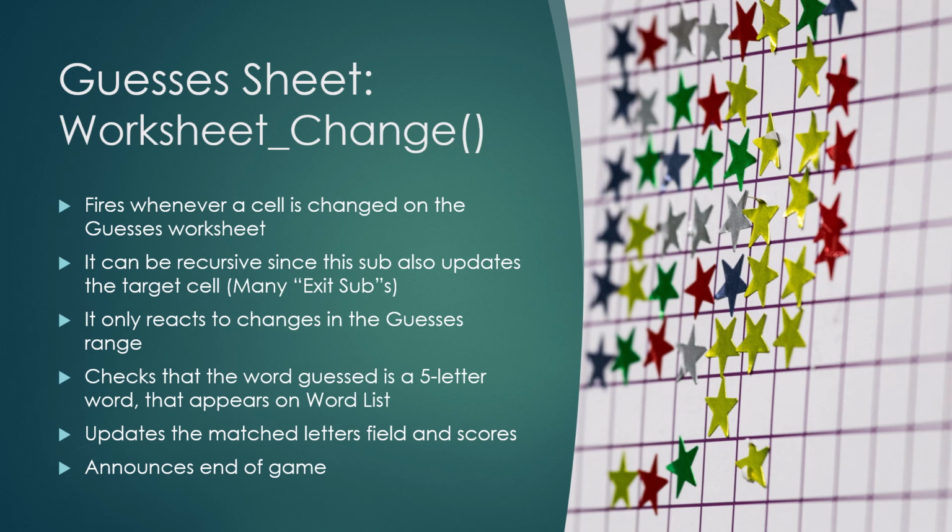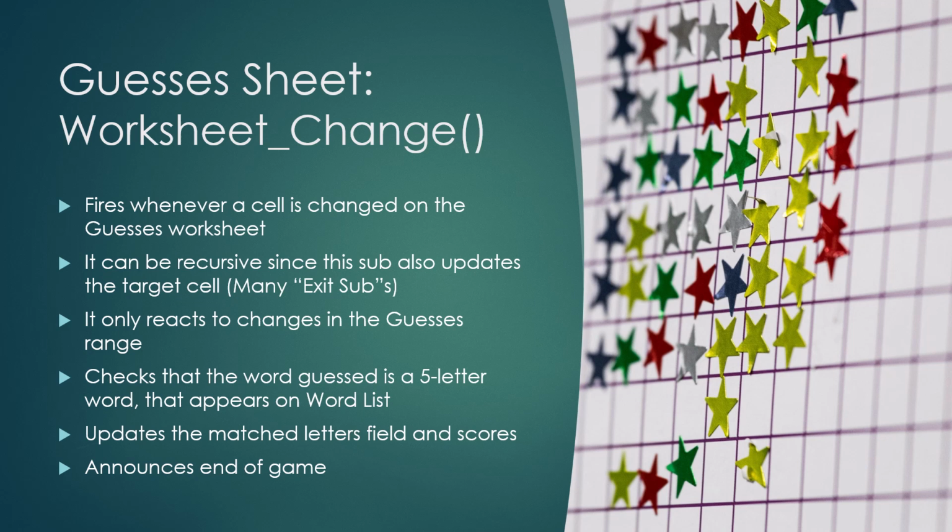The next sub that's in this class is the worksheet change, and looking back, I probably should have broken this up into many smaller procedures, but I didn't, so let's just take a look at what we do have here. This event fires whenever a cell is changed on the guesses worksheet. This can be a very recursive procedure because as a cell is updated by this procedure, it gets called again.